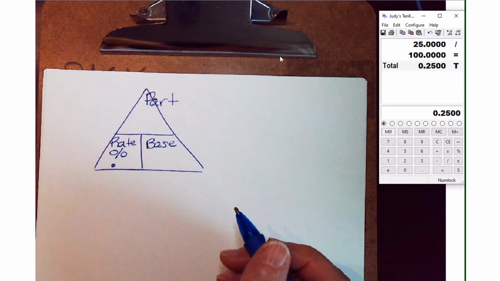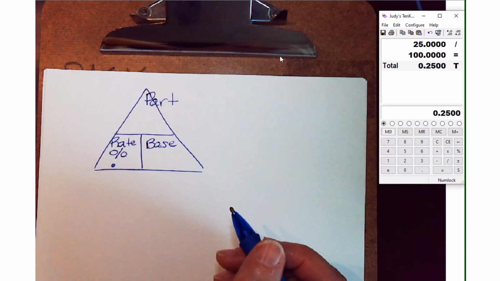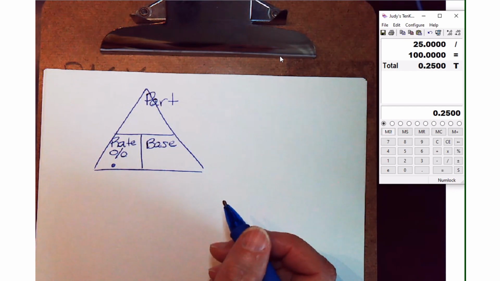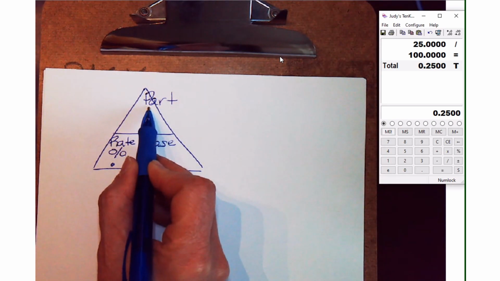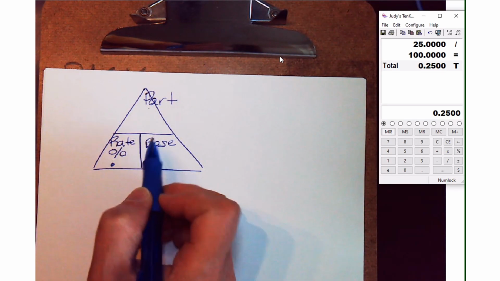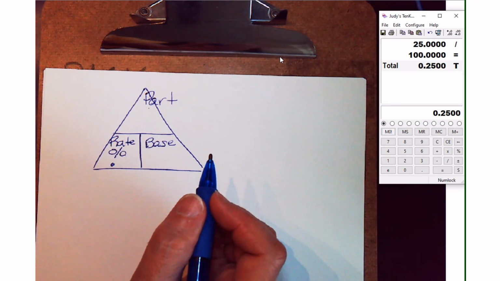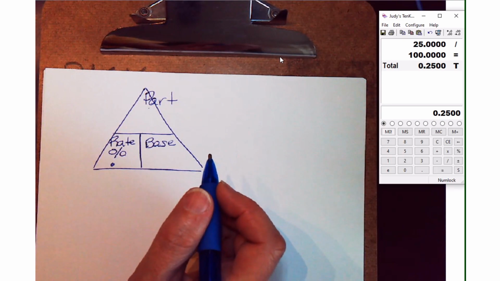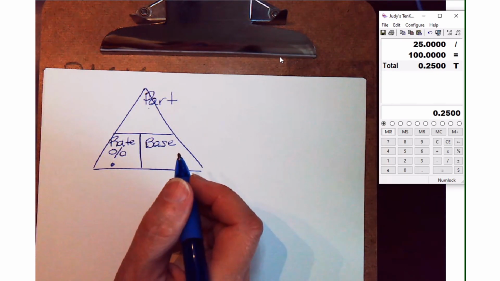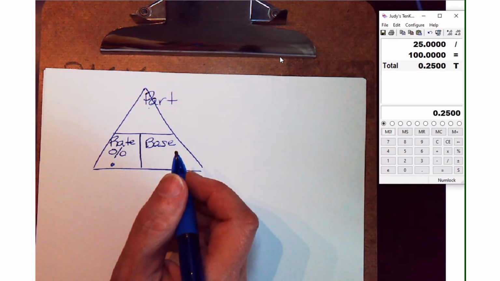So let's look at 37. A real estate agent earned $7,800 commission on a sale of a $120,000 house. What fraction, okay, so we know we're going to have a top number and a bottom number, of the selling price, what follows "of" is going to go in the base 99.9% of the time, was the agent's commission?